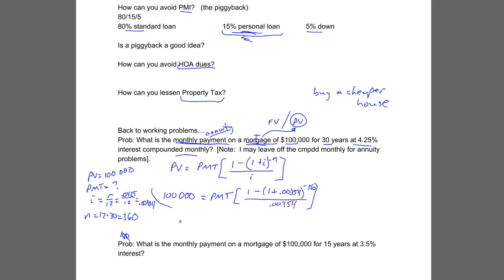So it's 100,000 and payment. And all this stuff in here, if we calculate it, first I'll take 1.00354, and then I'll raise it to the power of 360.